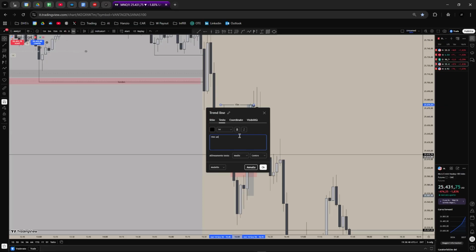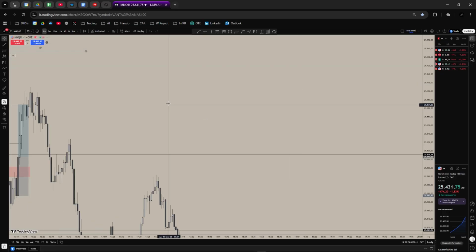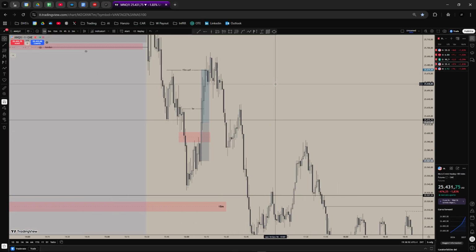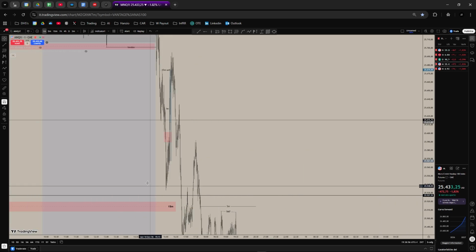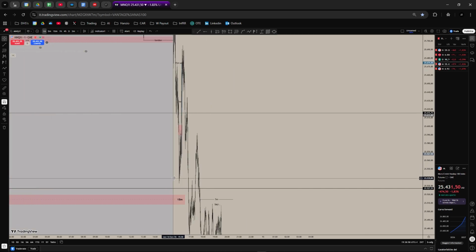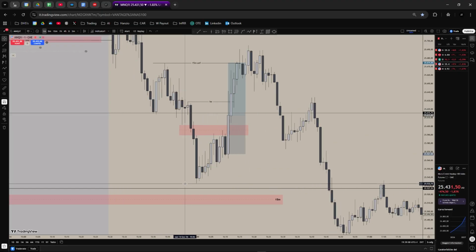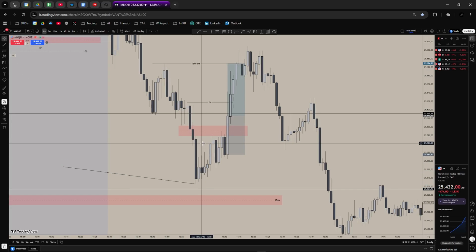This was unfilled, and kind of a Mac model. We didn't sweep this sell side liquidity from the left, but we did put in an SMT, I'm pretty sure. So I said SMT equal sweep, so we swept this low, we can rebalance price.